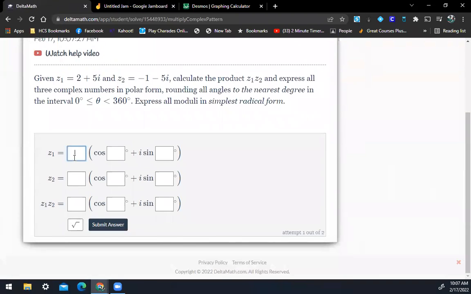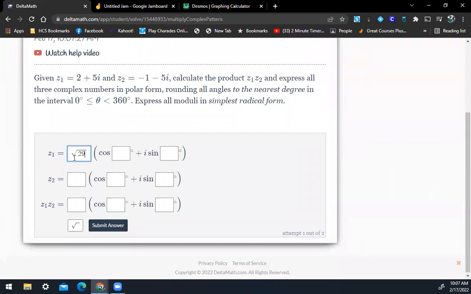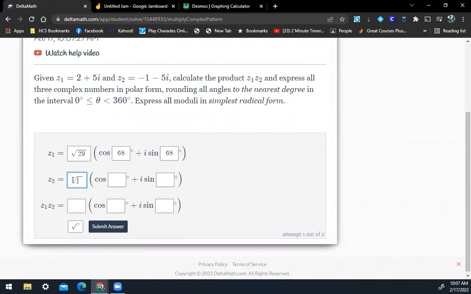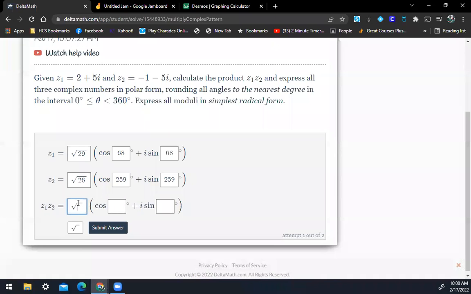So let's see if we're right. We've got the square root of 26 at 259, and then square root of 754 at 327.